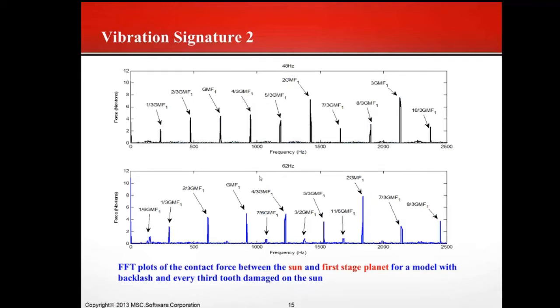In this way, if you look at it, the vibration pattern changes. There is a subharmonic at 1/3 of the gear mesh frequency, and at 2/3 of the gear mesh frequency. The gear mesh frequency still shows up, and its superharmonic, and the super synchronous components of the first stage gear mesh frequency also show up.